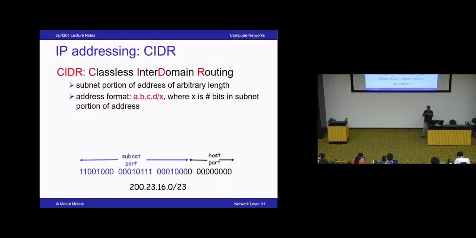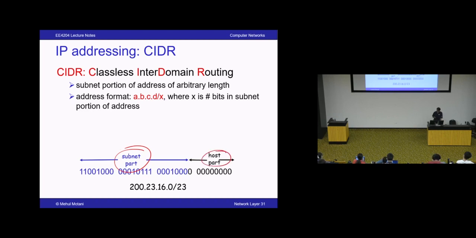Okay, so this is the generalization. It's called classless inter-domain routing. And in classless inter-domain routing, this is just a way of specifying subnets and hosts, right? So you have this 32-bit address here. And there's going to be a subnet part here. In this case, the subnet part is 23 bits, and there's going to be a host part.